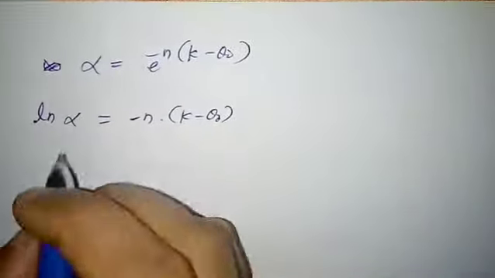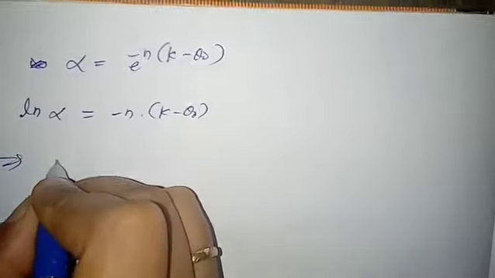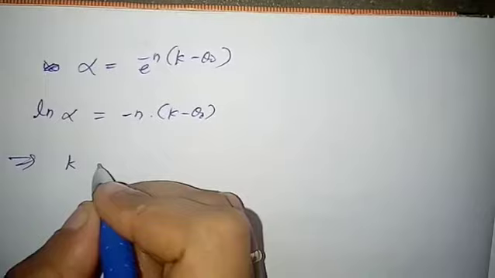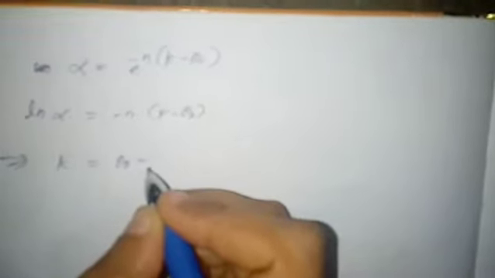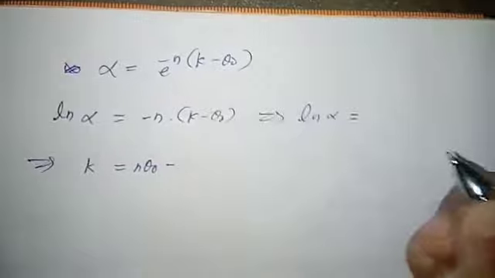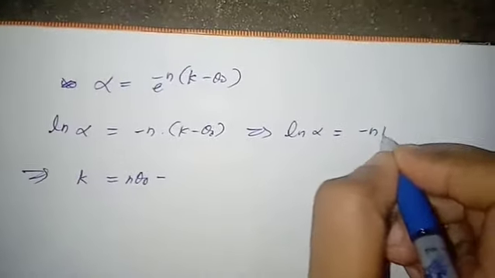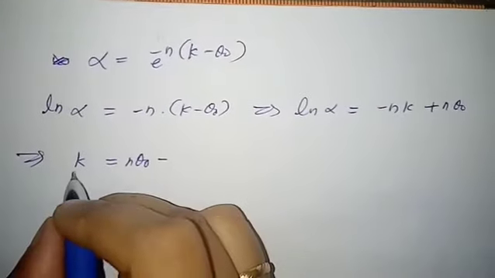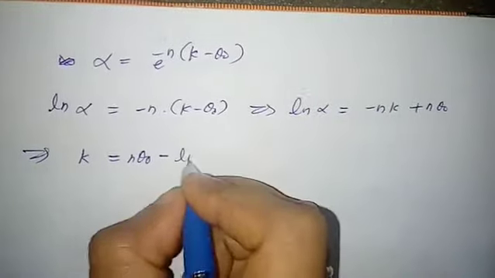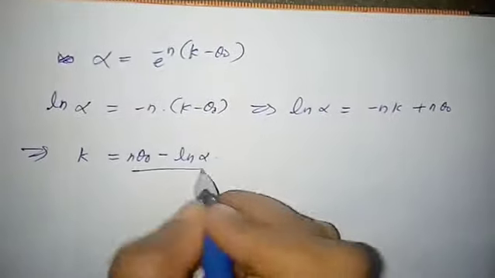So ln alpha equals minus n k plus n theta naught, which implies k equals n theta naught minus ln alpha, whole divided by n.